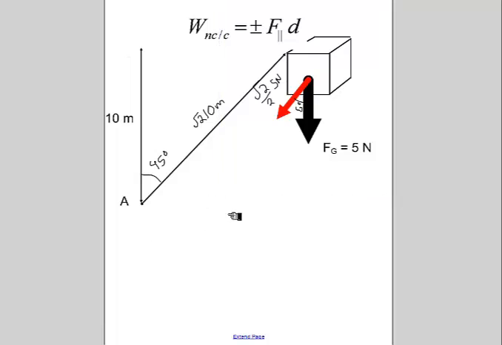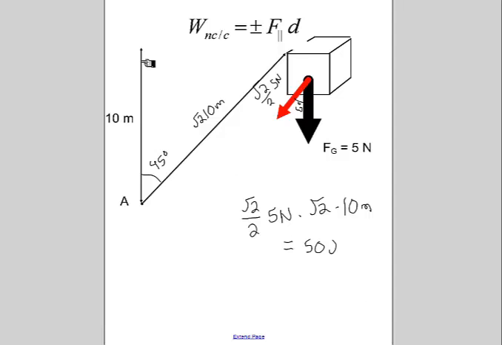On that diagonal motion, the component of the force that was parallel to the direction of motion was the square root of 2 over 2 times 5 newtons, times the square root of 2 times 10 meters. And isn't this nice? The square root of 2 times the square root of 2 is 2, divided by 2, that's 1, 5 times 10, 50.